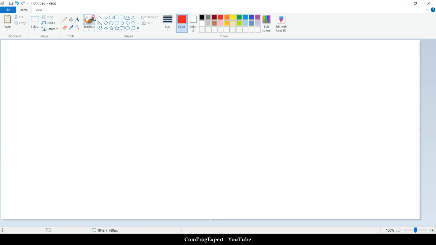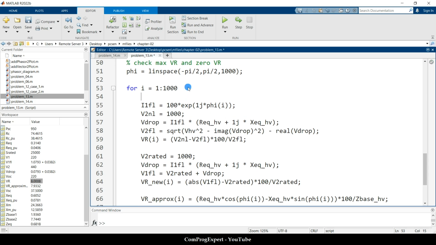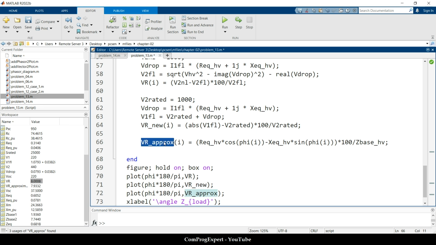Suppose we have this V2. I want to change the phi angle, this angle, from negative pi divided by 2 to pi divided by 2, pure inductive load to a pure capacitive load. And here I calculated the voltage regulation using the first method of problem 13, the second method, and the approximation that we have here.